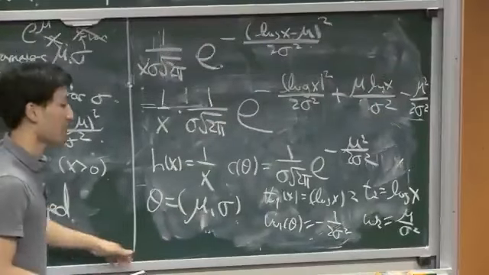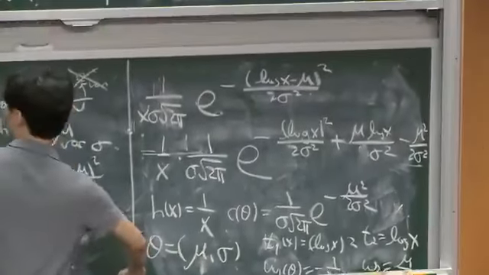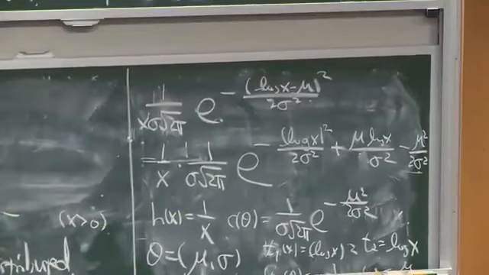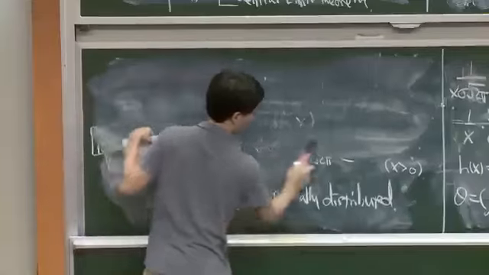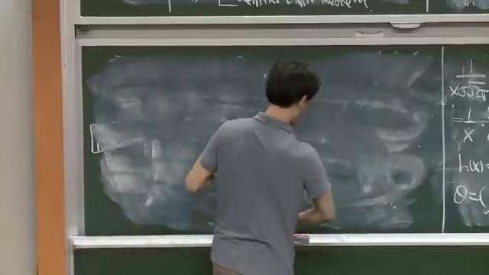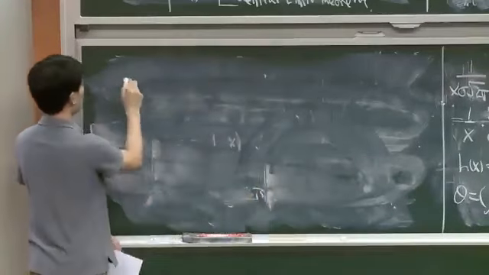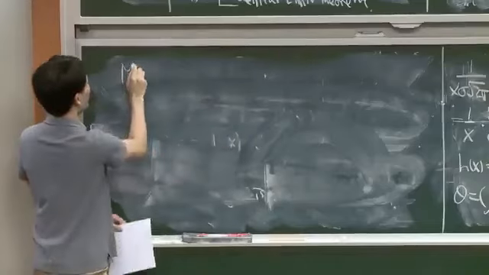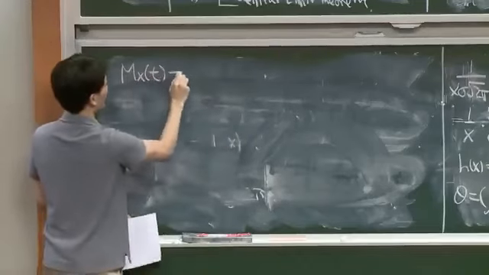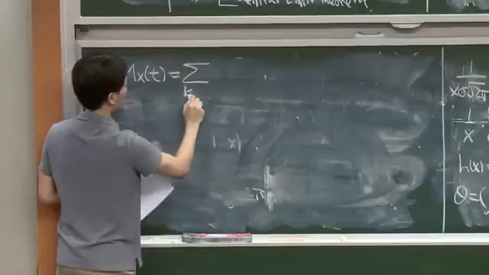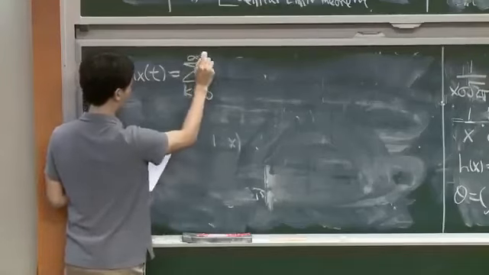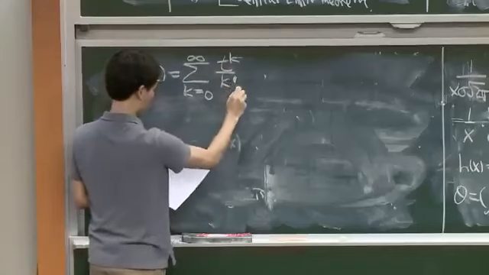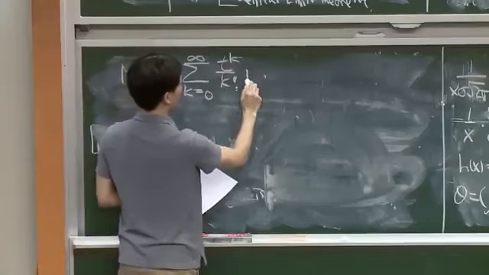And that gives a different way of writing a moment generating function. Because of that, we may write the moment generating function as the sum from k equals 0 to infinity of t to the k over k factorial times the k-th moment.